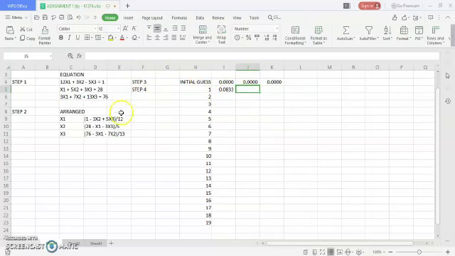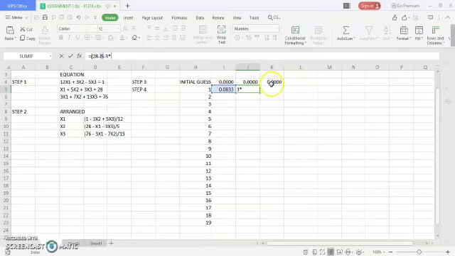For x2, we just write back the equation here: equal, open bracket, 28 minus. So here for x1, we use the latest x1 that we got just now, which is this one, minus 3 times x3.